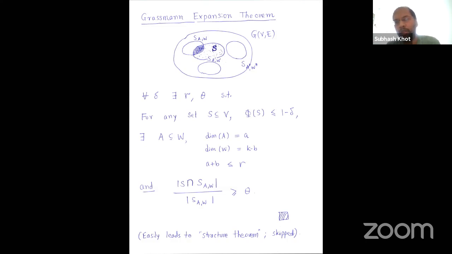Once you stop, it essentially explains why this set has expansion bounded away from 1. So you get a near full explanation, and you get a full structure theorem. But that's a somewhat minor detail, so let me skip it and just think of this as the expansion theorem.